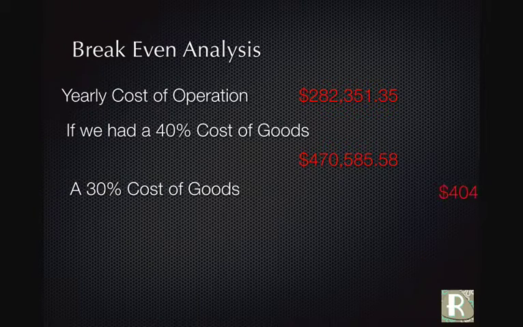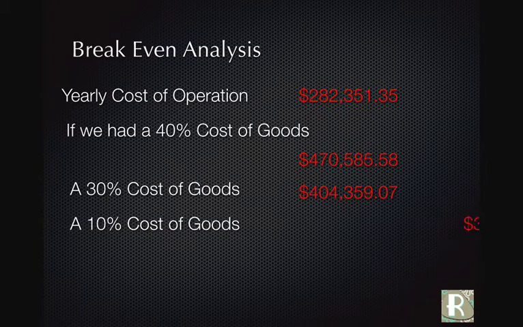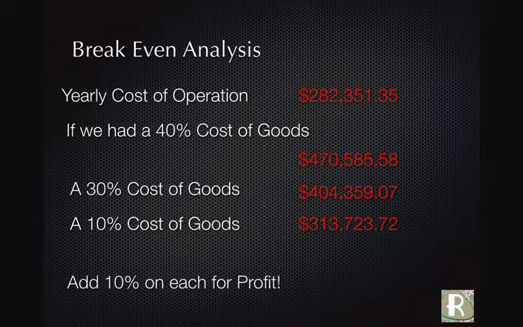If we had a 30% cost of goods, you can see that the number is lower, and it gets lower every time we go through our 10% cost of goods. And remember that you have to add 10% onto each of these for profit. So once we figure out our cost of goods, we'll be able to know that break-even point.